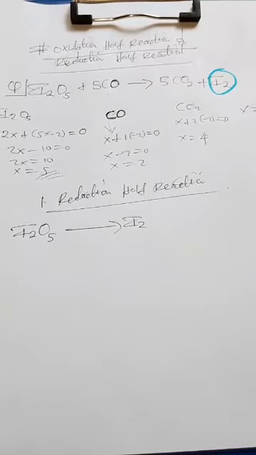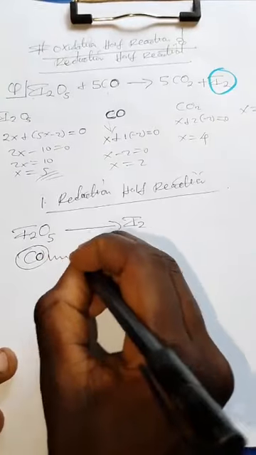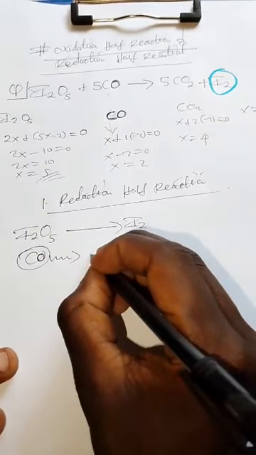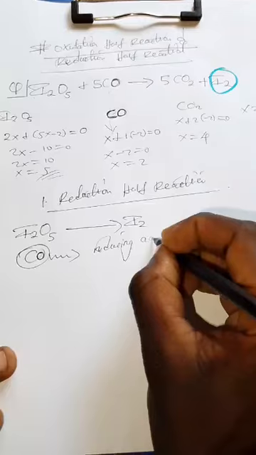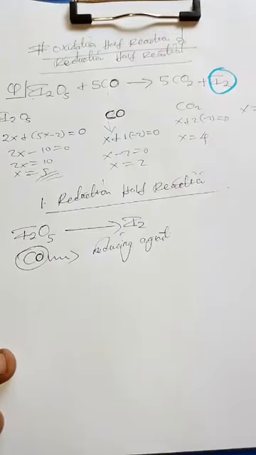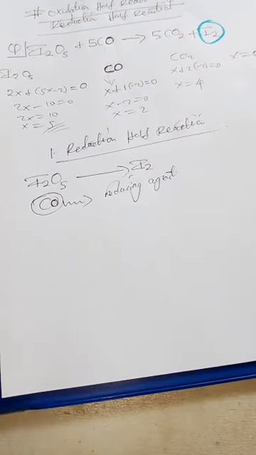So from here, which one is the reducing agent? Meaning carbon monoxide. So carbon monoxide is our reducing agent. Okay.